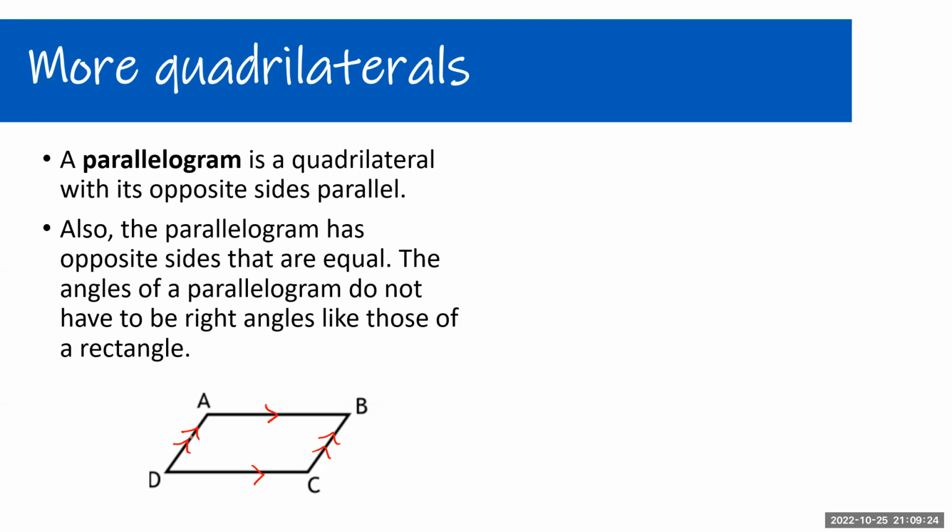Now, due to some geometric reasoning that we'll touch on, but also just some mathematical theory, the sides opposite of each other are also equal length. So that means that AD is the same in length as BC, and AB and CD are also equal length to one another. They do not have to be right angles. They do not have to be equal sides. We're going to talk about a special case there in a second, but just know that across from each other, they are going to be equal length.